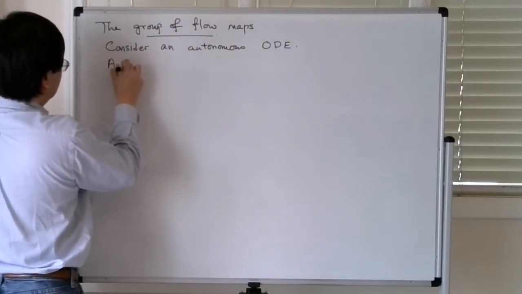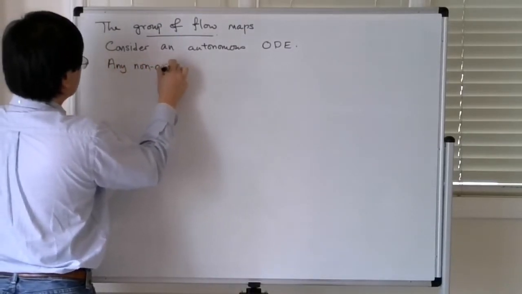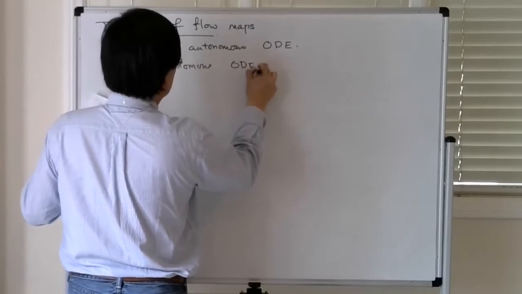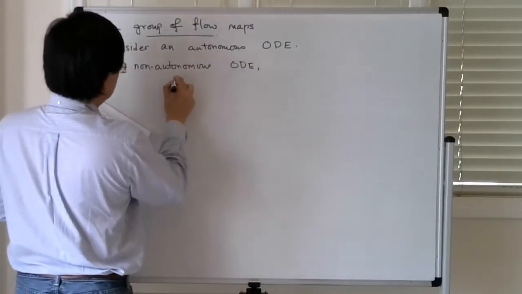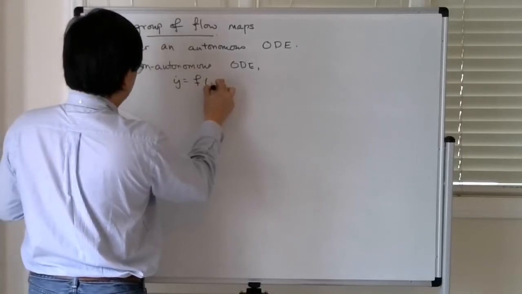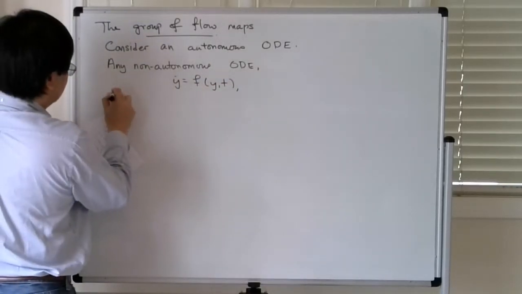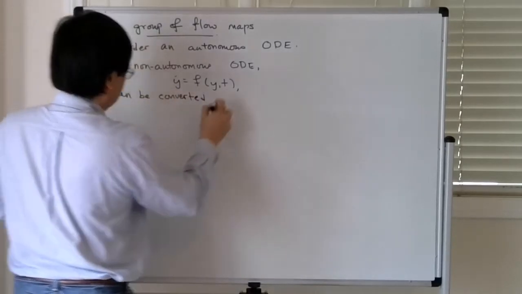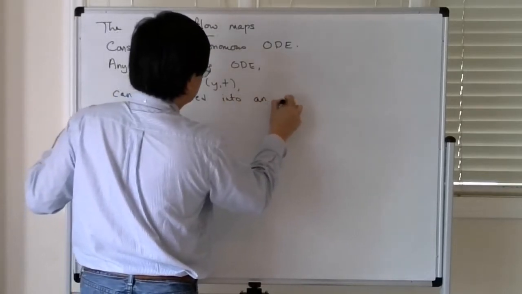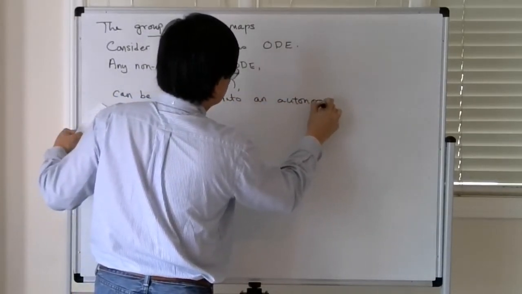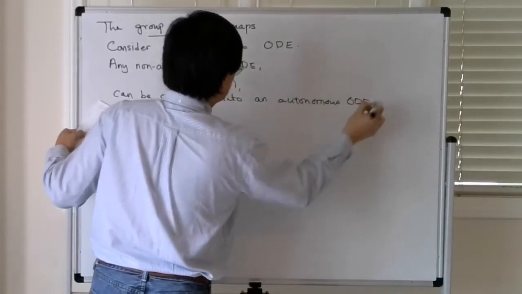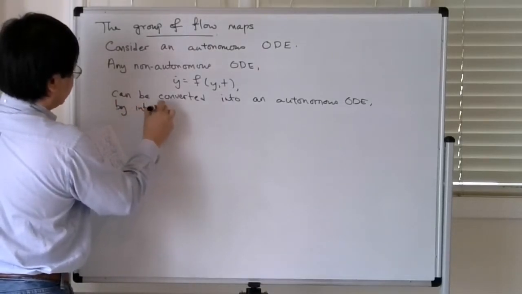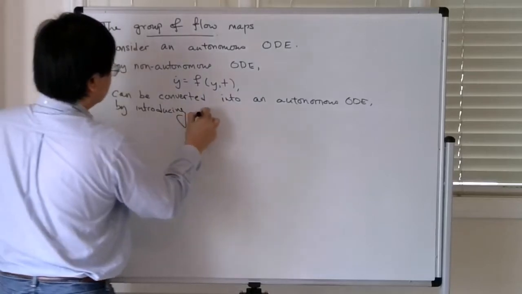So any non-autonomous ODE, which basically means that the vector field is explicitly time dependent, so let's say y dot is equal to f of y and t, can be converted into an autonomous one by introducing an augmented variable.